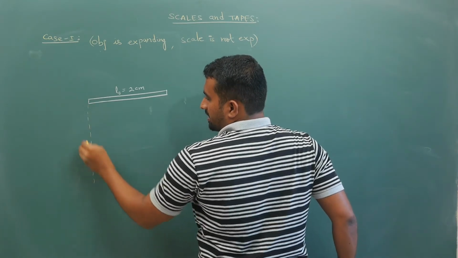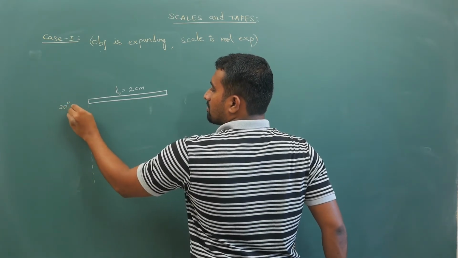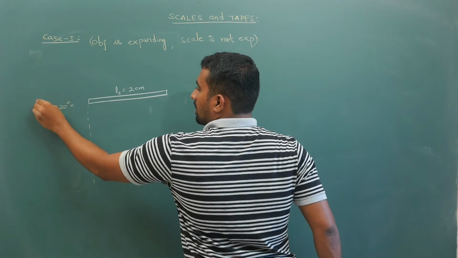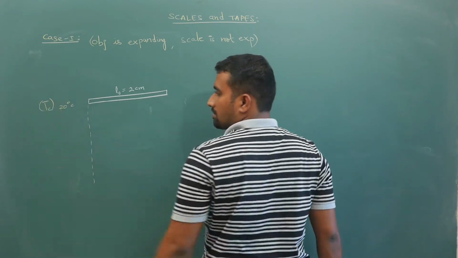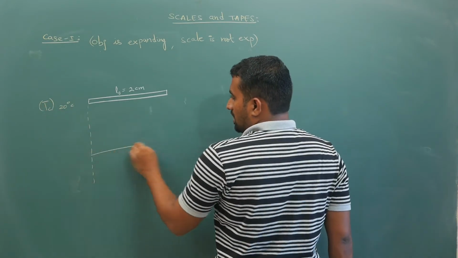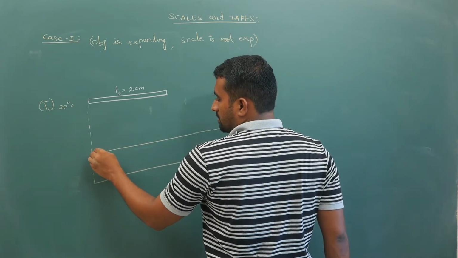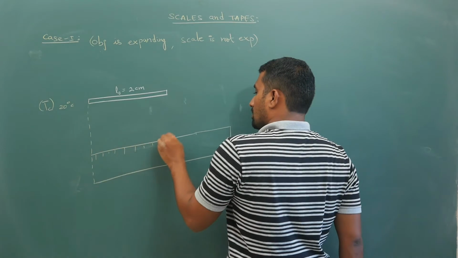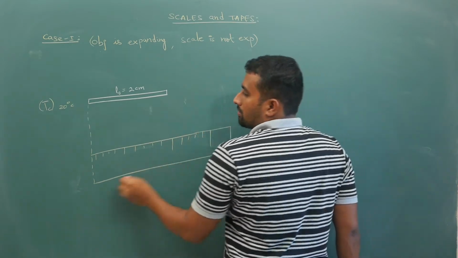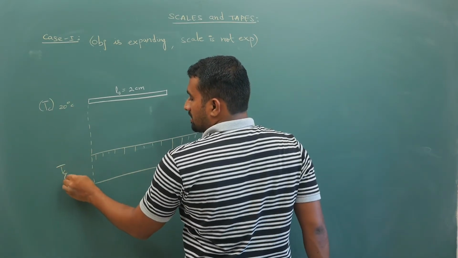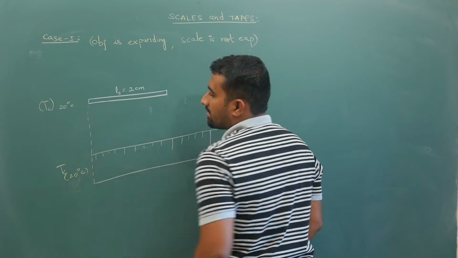Let us say it is at 20 degrees centigrade, which is your correct calibration temperature. Your scale is also at this calibration temperature only. It is still at the calibration temperature of 20 degrees centigrade.